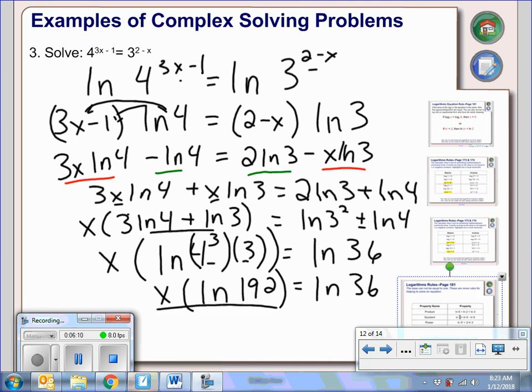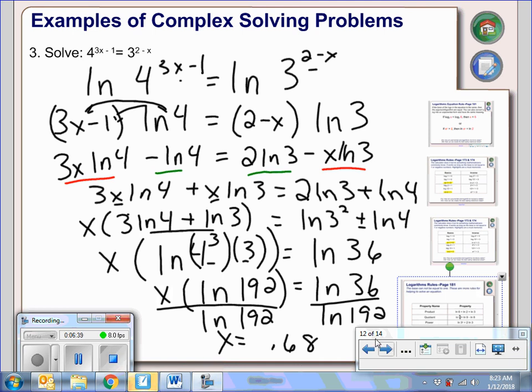And now I can divide by the natural log of 192, and when I put that in my calculator, it'll say it's about 0.68, because we usually go to 2 decimal places. So a lot more rules going back and forth in this one, and trying to figure out how I can get the x by itself so that I can then solve it.